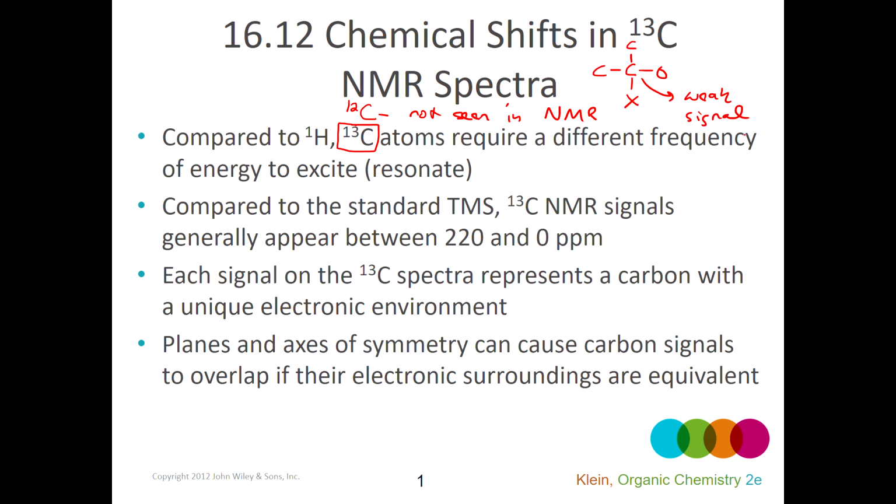So when you're looking at your carbon NMRs for your unknowns in Lab 7, those weaker signals usually indicate a carbon with no hydrogens. And we're going to talk about DEPT today.